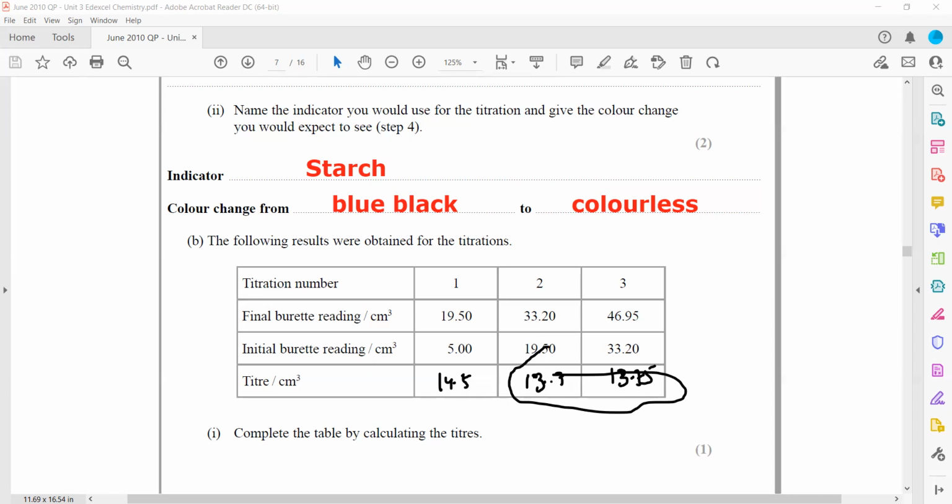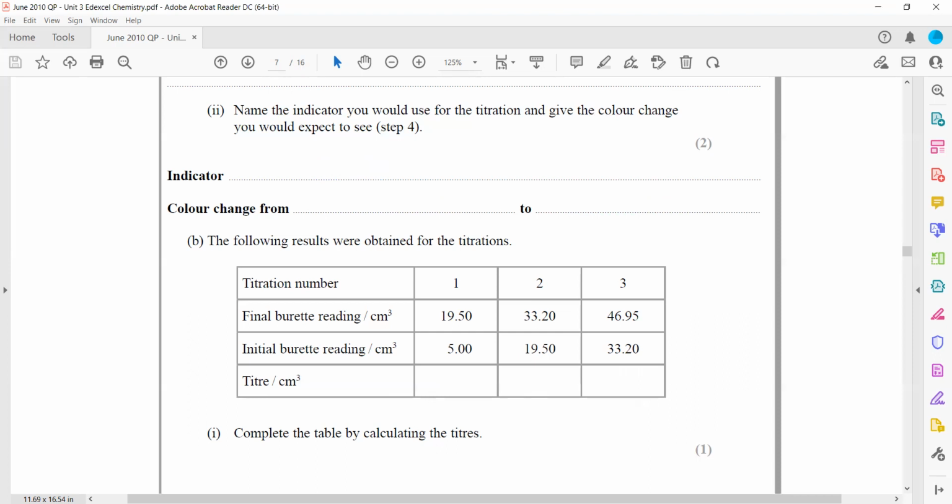And normally the first result is always a range finder, a rough titration, so normally we ignore that. It is just used to identify the range. You can also mention the first value is not within 0.2 cm cube or 0.1 cm cube. That's why we are not including it in our result.